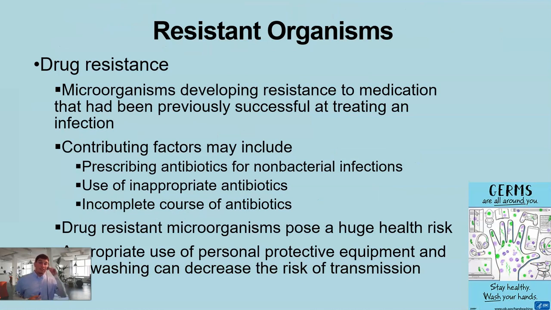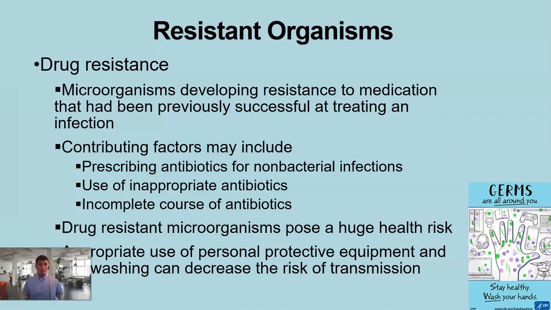So let's talk about resistant organisms. We have drug-resistant organisms. So microorganisms adapt to their environment to compete for survival. All these microorganisms are out there playing survivor, trying to be the biggest and baddest.